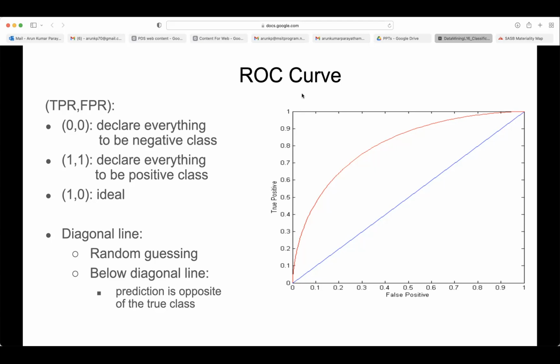So there are 3 corners here. The left upper corner is the ideal case. The right upper corner is the random or doing-nothing case: if you use all of the same class, you get the right upper corner. Then the starting point, the origin 0, 0, is predicting everything as negative class.